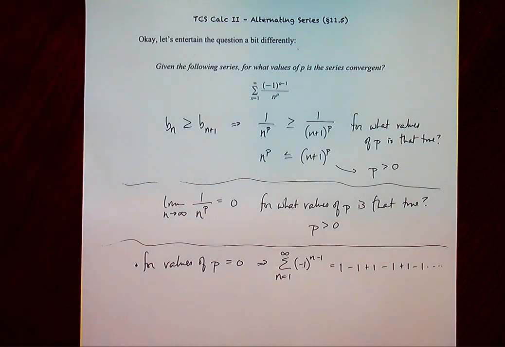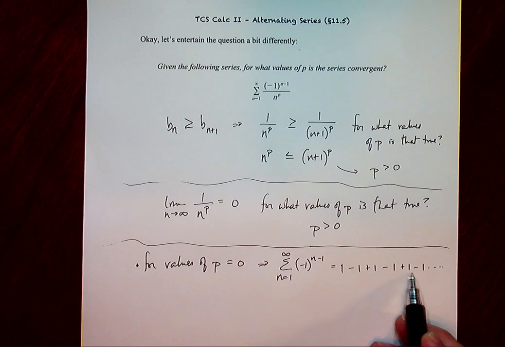Now, there's an occasional mathematician that will tell you that that actually does have a sum. But most mathematicians and most textbooks tell you that if it just goes back and forth between 1 and negative 1, then each partial sum winds up being 1, 0, 1, 0, 1, 0.